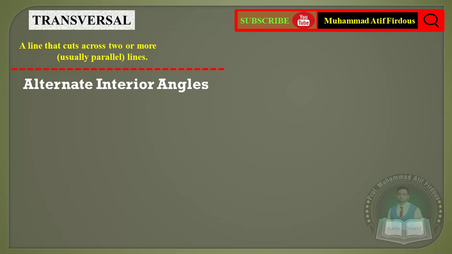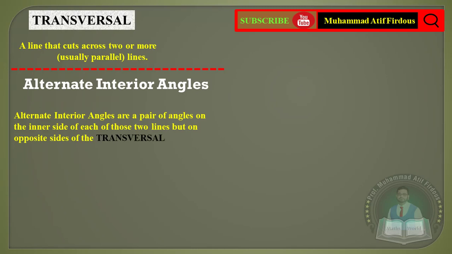Here are some words that we are going to use in our next questions, so we should know all the definitions. The first one is alternate interior angles. What are alternate interior angles? Alternate interior angles are a pair of angles on the inner side of each of two lines but on opposite sides of the transversal. Suppose we have lines L1, L2 and a transversal line cuts them, and we already know that a line that cuts across two or more lines is called a transversal.